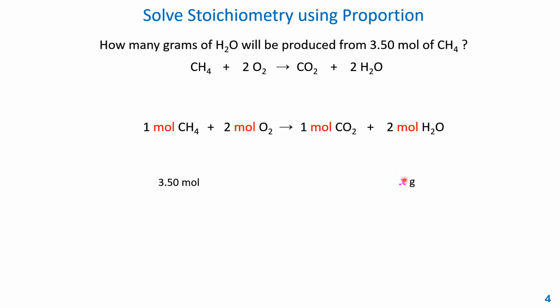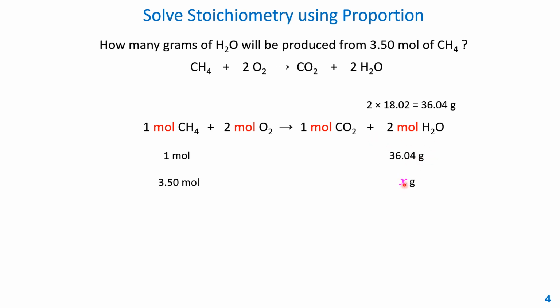The question is grams, so we need to convert this 2 mole water in the balanced equation: 2 times 18.02, the molar mass of water that we calculated in the last slides. So 36.04 grams is the mass of the 2 mole of water. Now we can write this 36.04 grams over this x.